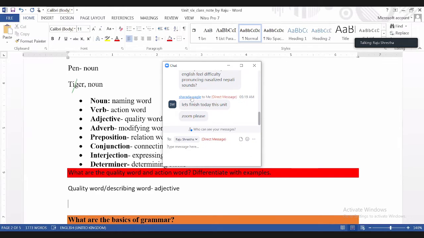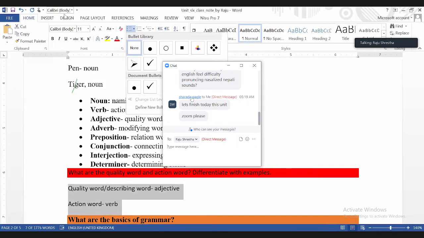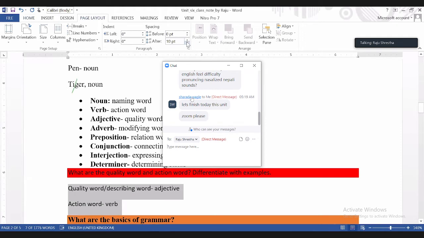Then next one is action word भन्ने बित्तिकै हामी कहाँ जान्छौँ? Action word is what? Verb. We talk about verb. So verb र adjective बारे लेख्ने. यस्तो नभनिकन what are the quality words and action words भन्दियो हैन. So this kind of question may ask.